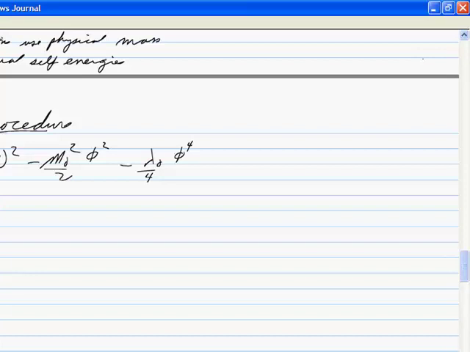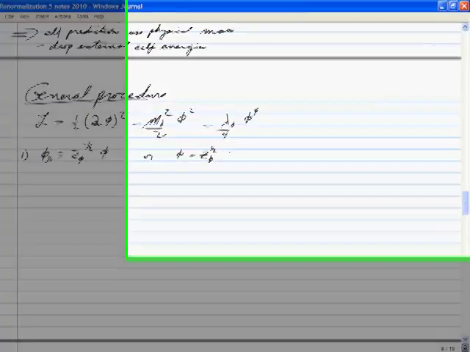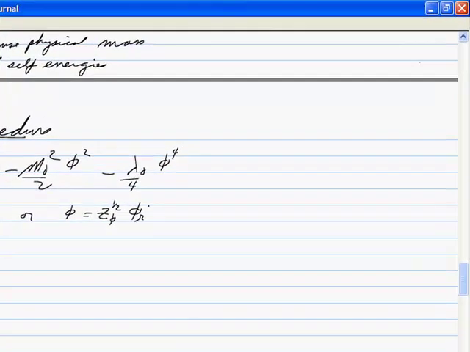But we know that this, if you just proceed with it, has the wrong mass, the wrong coupling constant, and the wrong normalization. So step 1 is wavefunction renormalization. We take phi renormalized defined to be Z phi to the minus a half times phi. It's not yet known.